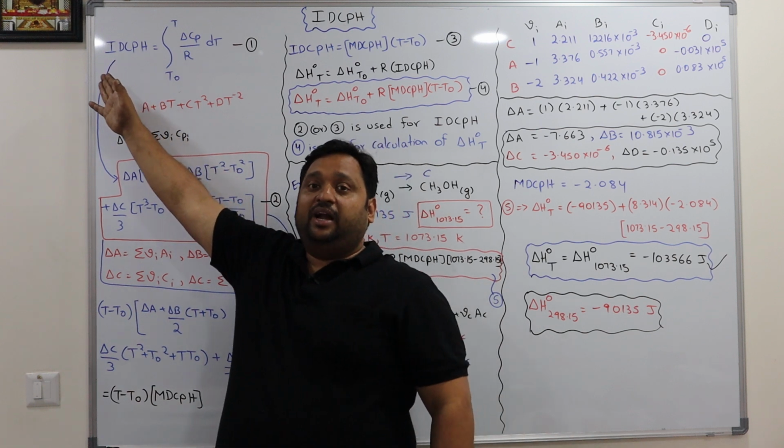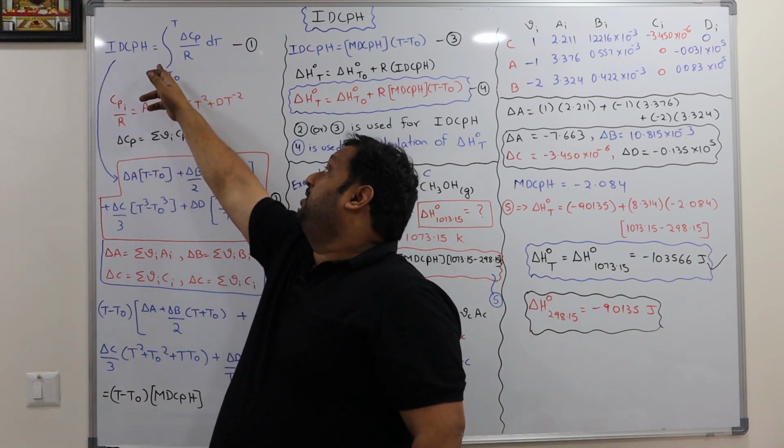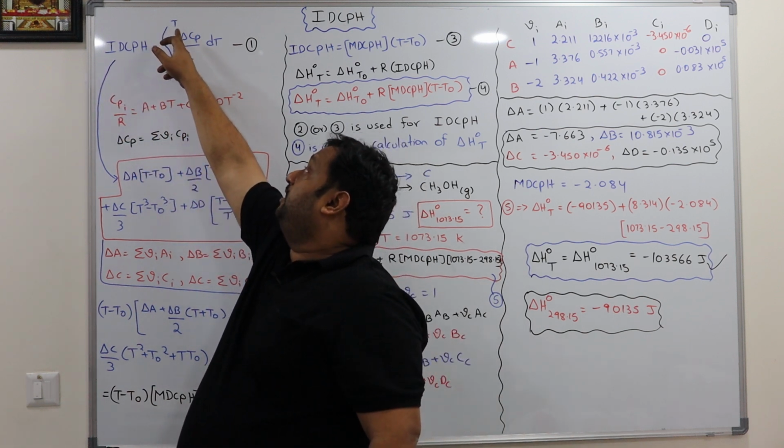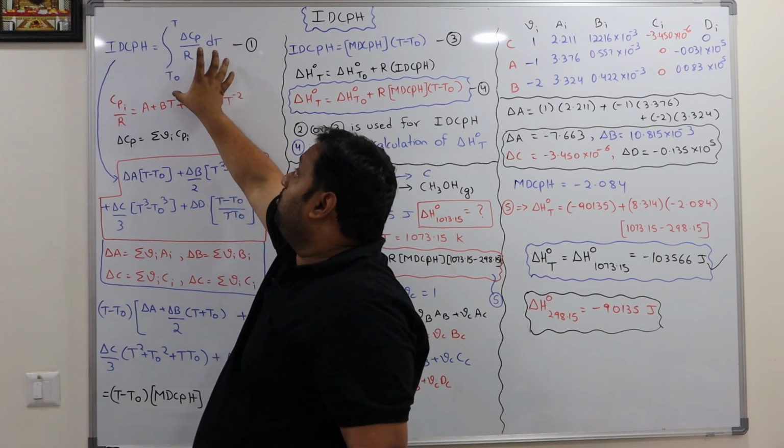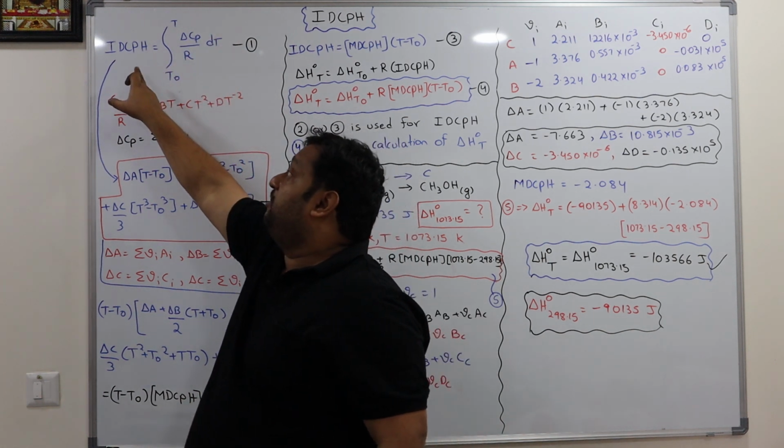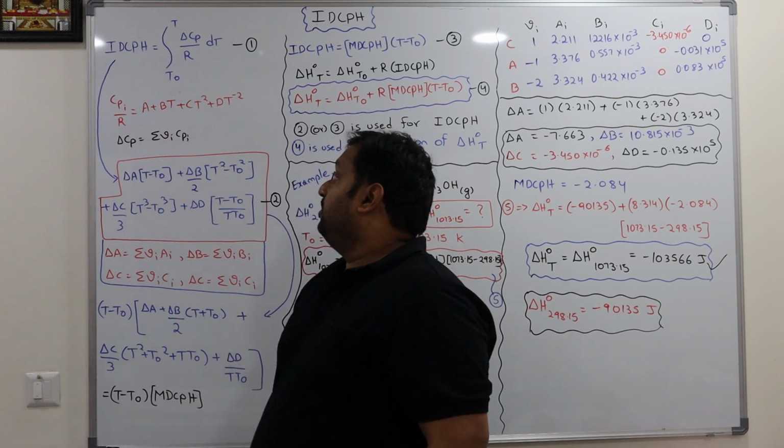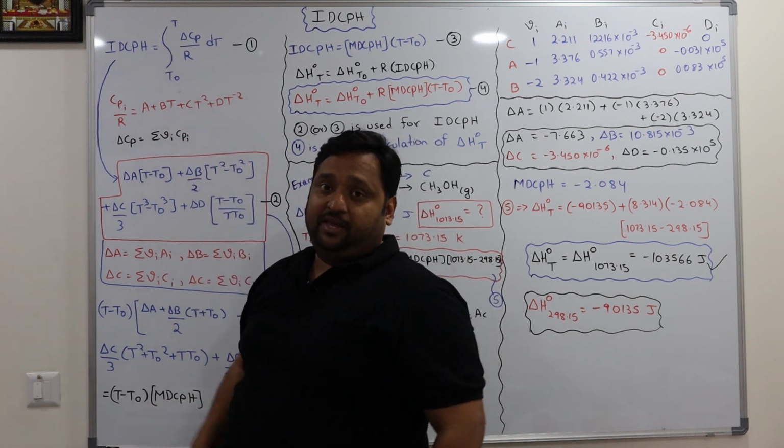If you see the term IDCPH, it is the integral from T0 to T of del Cp by R dT. If you know this integral term, you can evaluate the IDCPH. What is del Cp?